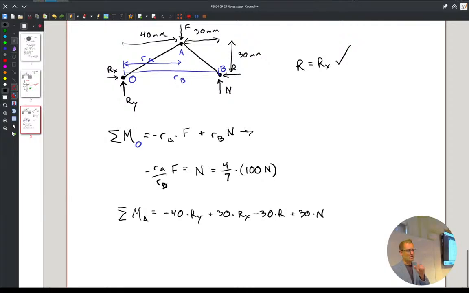So I know Rx and R are equal. So I could say that this is 30R minus 30R. Or I could just get rid of the whole thing.